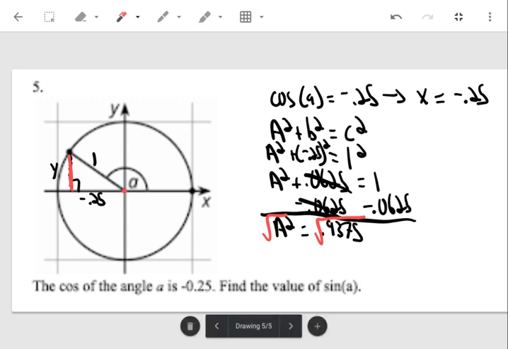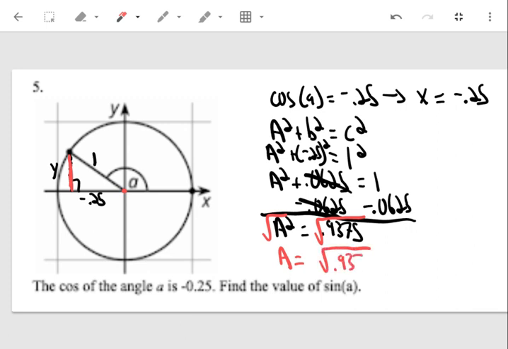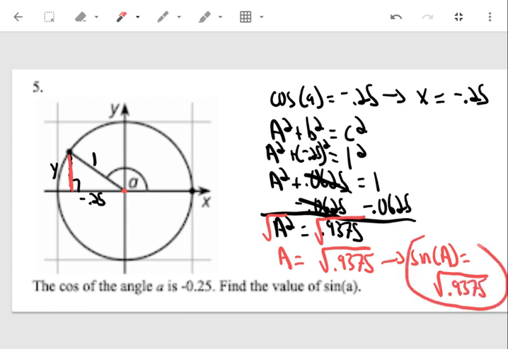Also, when I take the square root of 0.9375, I get a funky looking decimal, so I'm just going to leave it in square root form and say a equals the square root of 0.9375, which tells me that the sine of A equals the square root of 0.9375. And that is my answer for number 5.